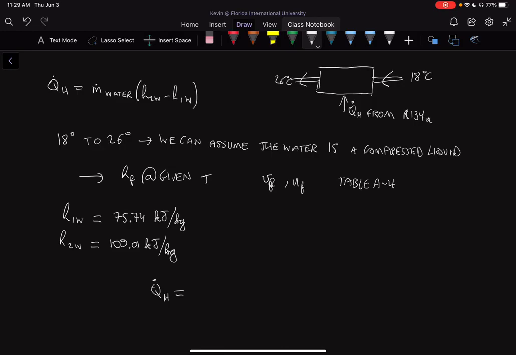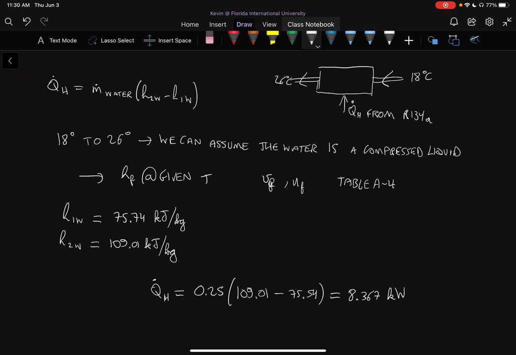So we have the mass flow rate of water, which in the question is given as 0.25, multiplied by 109.01 minus 75.54, which is equal to 8.367 kilowatts. So we have a heat transfer of 8.367 kilowatts in our system.